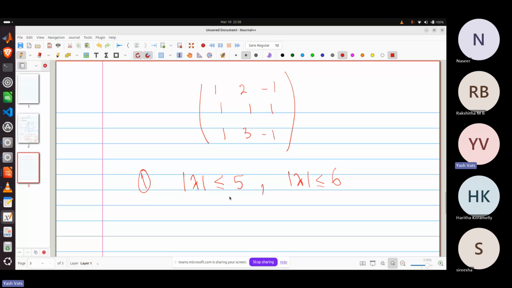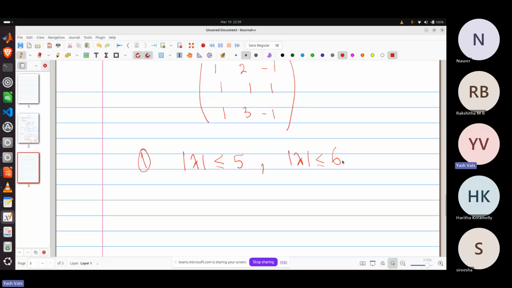So first thing, how you're getting this, because mod lambda is less than equal to maximum row sum and maximum column sum. Is this clear? So maximum row sum is 5. 1 plus 2 plus 1 absolute you have to take, and then it is 5, and maximum column sum is 6. That is already clear. 2 plus 1 plus 3.